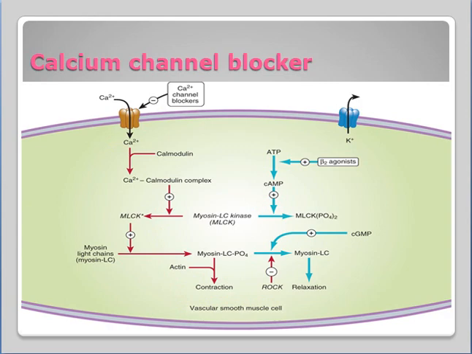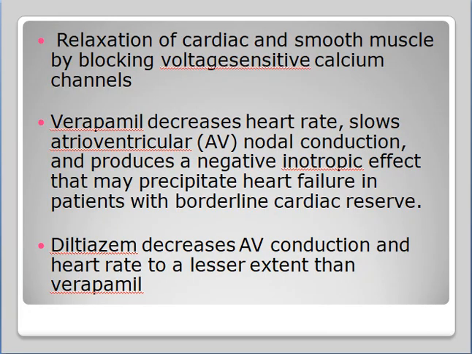So we'll discuss some points which come under the category of calcium channel blockers. So calcium channel blocker drugs are of three kinds. That means the dihydropyridines, then phenylalkylamines, and benzothiazepines. So verapamil comes under the category of phenylalkylamines, diltiazem comes under the category of benzothiazepines, and nifedipine or all the dipines come under the category of dihydropyridines.